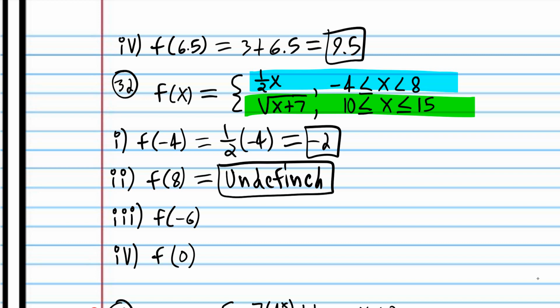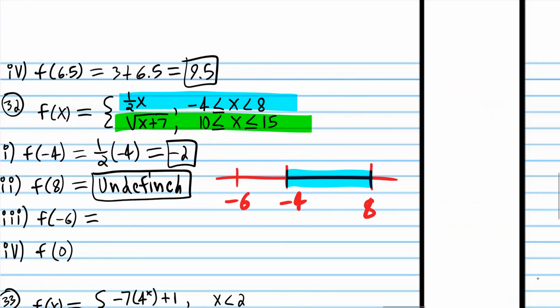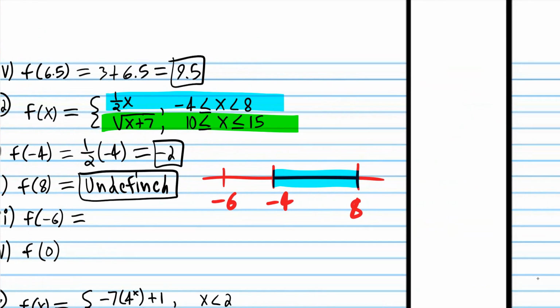So now our input is -6, and that's outside this interval. So again, just in case you want to picture this, -6 is out here, but our blue area is here. That's when we use the blue expression, and we use the green expression somewhere out here where we have 10 to 15.